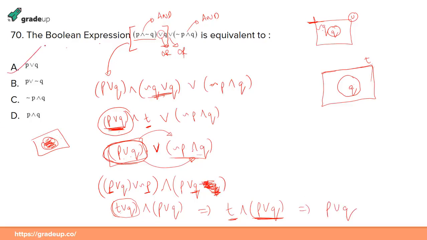This question from Boolean Algebra, I consider that this was a tough question, because here you have to use lots of laws according to AND and OR statements, and also you need to know about this negation statement.